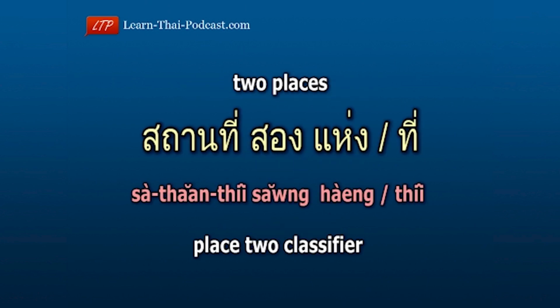If you say two places, it would sound like สถานที่2 แห่ง or สถานที่2 ที่ Here we see again the basic structure. Noun, number, and classifier.